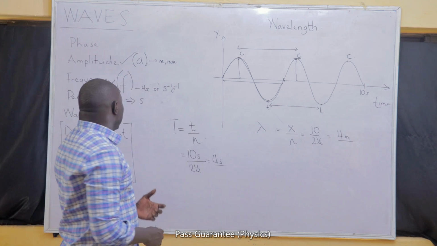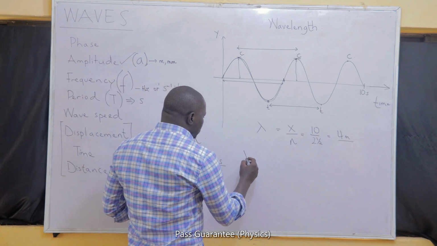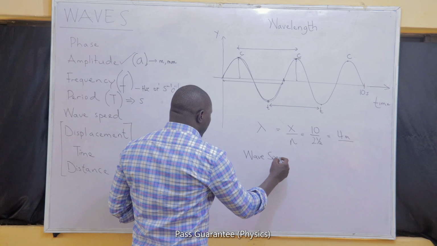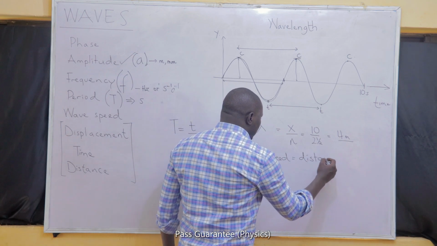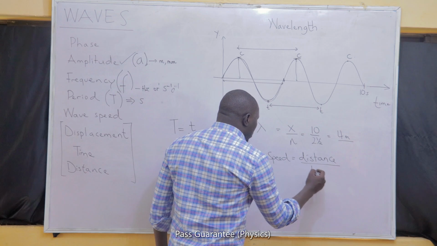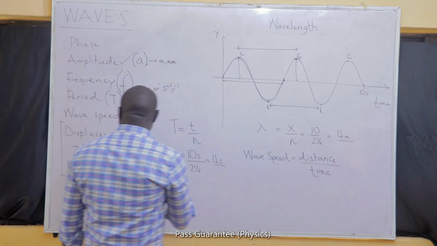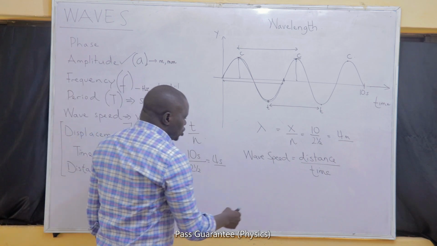Now we talk about the wave speed. Speed is distance over time. So the speed of a wave is the distance traveled by the wave over the time that it took the wave to travel that distance. The speed is represented with small letter v, just as speed in motion.